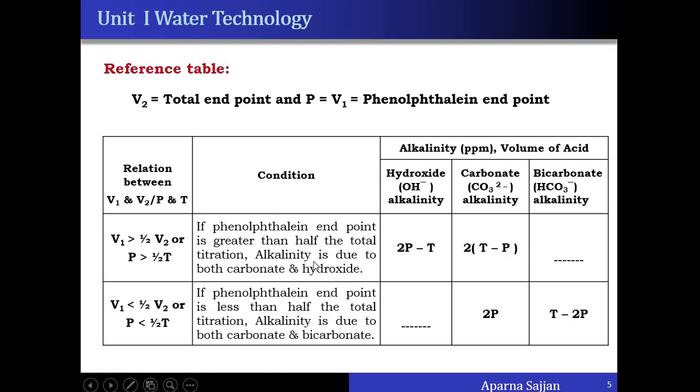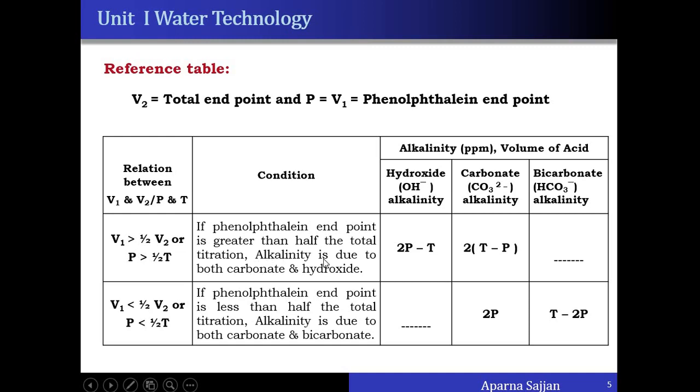Then, if the alkalinities present are in combination, means two different types of alkalinities are present at a time. In the earlier three cases, there were separate alkalinities present in water, but in these two cases, combinations are there. If V1 is greater than half of total V2 or P is greater than half of T, means P is required more. Phenolphthalein endpoint is more than methyl orange endpoint.